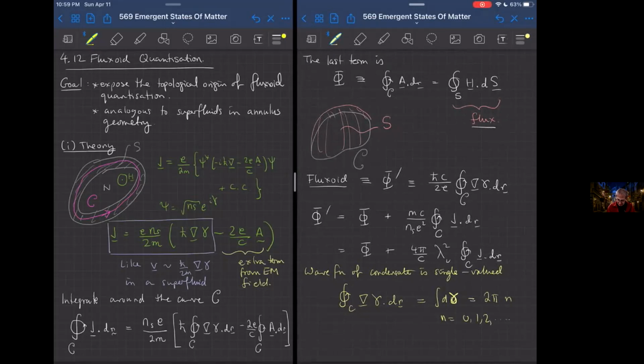And so now you can see that because the condensate is single valued, that means that the fluxoid is the thing that is quantized, not the flux.